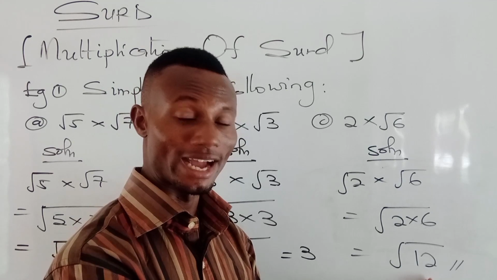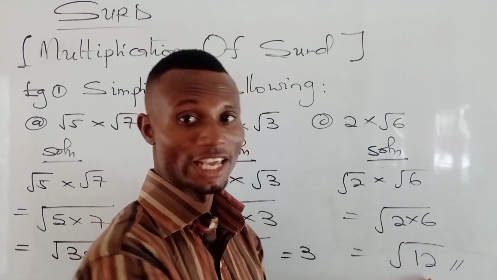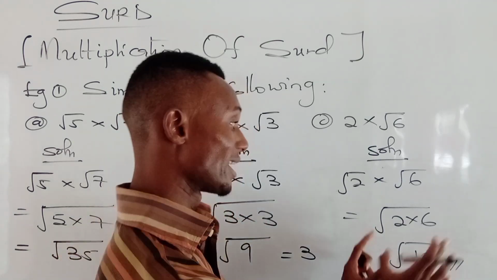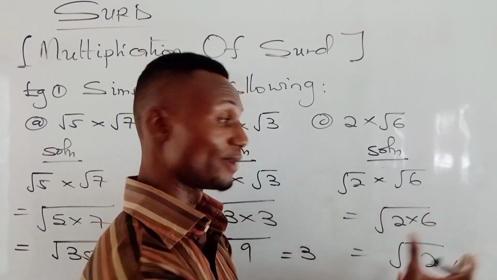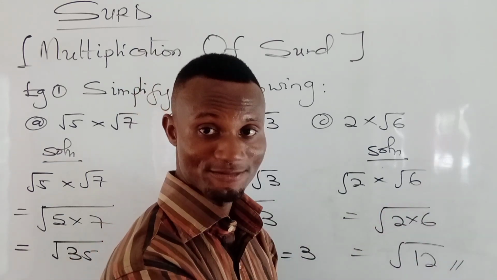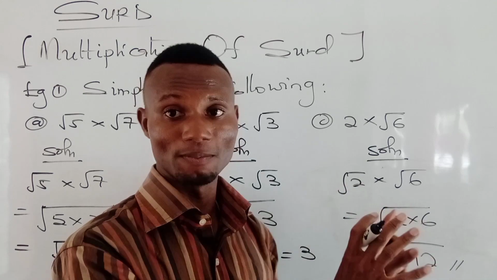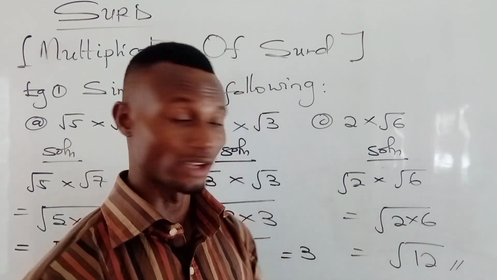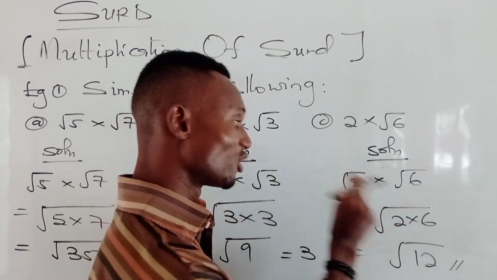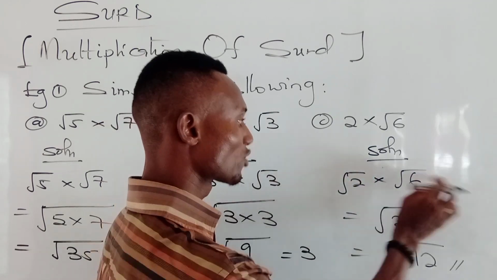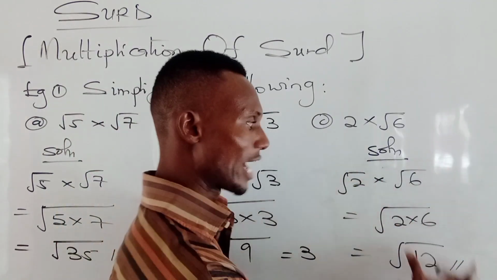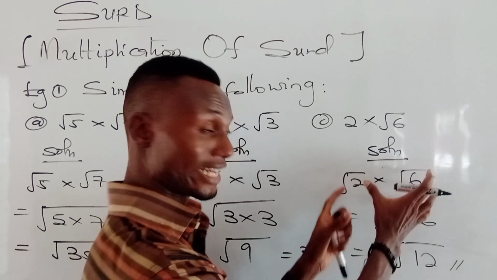I know you can break it down further, but I don't want you to get confused, this is just an example to explain it to you. The square root of 12 we can simplify further, but let me leave it here for explanation's sake. So when you have square root of 2 times square root of 6, then you can go through this process.